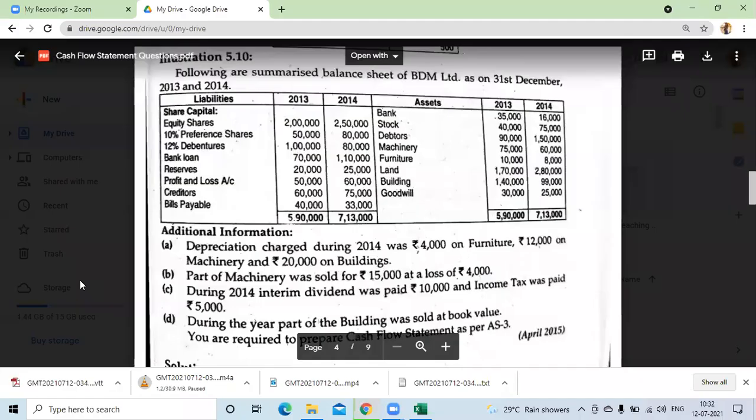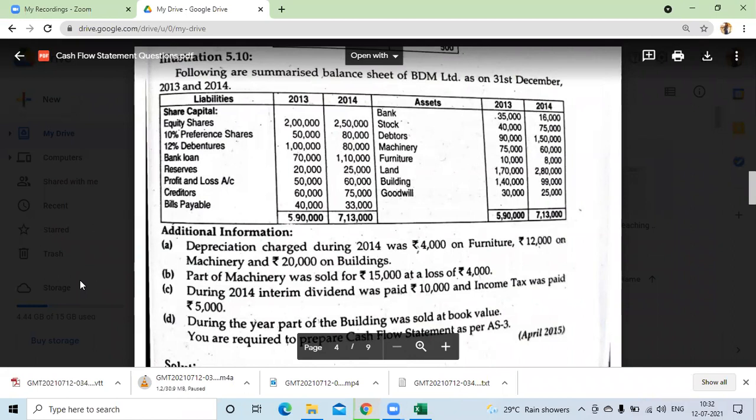Yes, ma'am. 10% preference share capital. How much was it? 50. And now how much is it? 80. So has it increased or decreased? Increased by 30,000. Increased means issue or redemption? Issue. Issue means cash comes in or goes out? Cash comes in. Cash inflow.